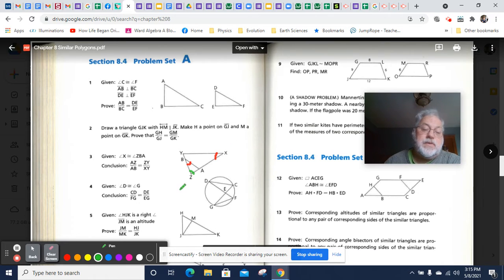Let's look at AZ. If we call this AZB, that might make it a little easier. So AZ is going to be in the same position as ZY.